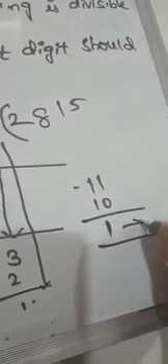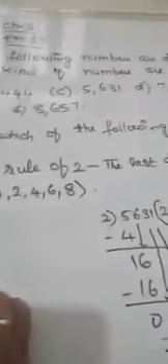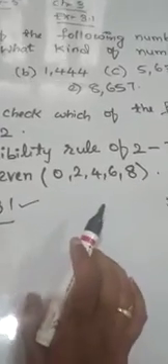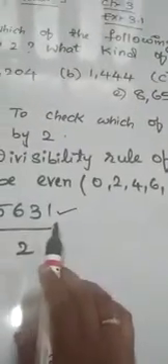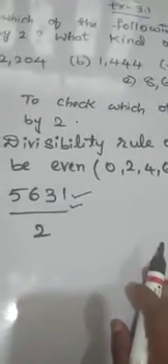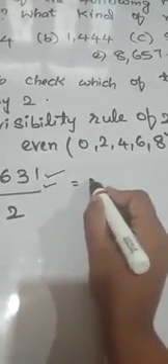The remainder is 1. As per the divisibility rule of 2, the last digit should be 0, 2, 4, 6, 8. But here the last digit is 1, so it is not divisible by 2. We get 2815.